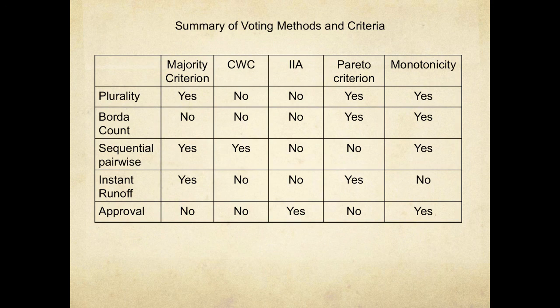Looking at a table of a few different common methods of voting and these particular criteria, it was approval voting that failed the Pareto criterion. So does sequential pairwise. I'm going to highlight a few of these in some examples after this.